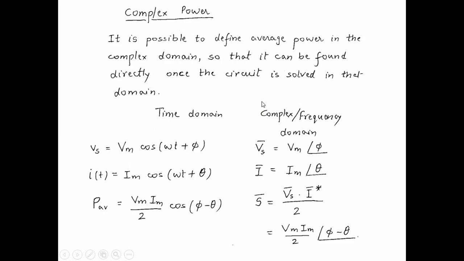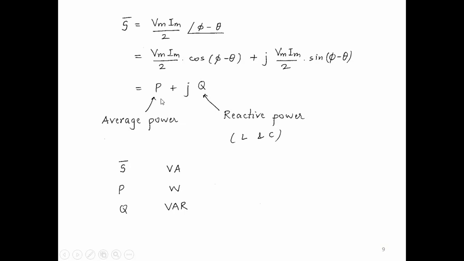So here is what we are saying. The average power consumed by an element can be found as the real part of the complex power, where the complex power is defined by half the phasor V times the complex conjugate of the phasor I. So you can find directly in the complex domain the average power consumed by an element. Now, in order to differentiate among different types of power, different units are used to represent each power.